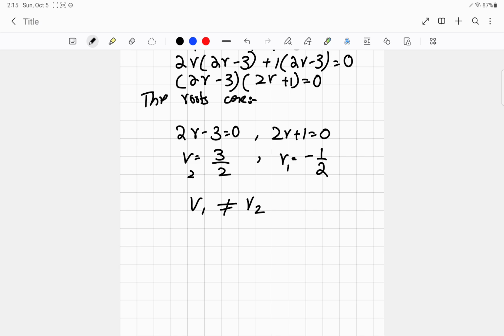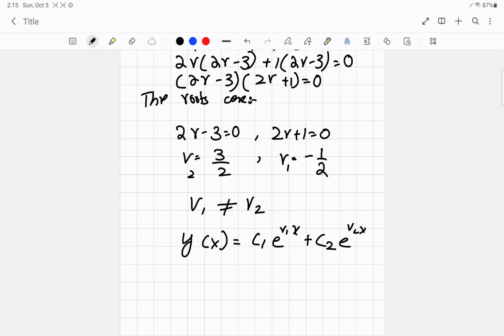So the general solution for this type of problem is y of x equals c1 e to the power of r1 x plus c2 e to the power of r2 x. So this is the general form.